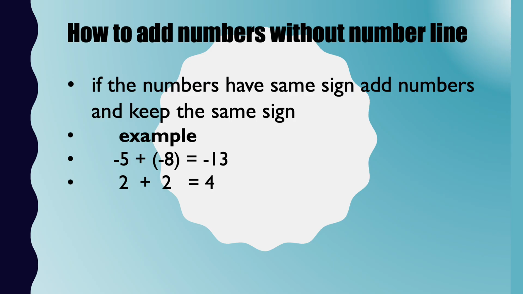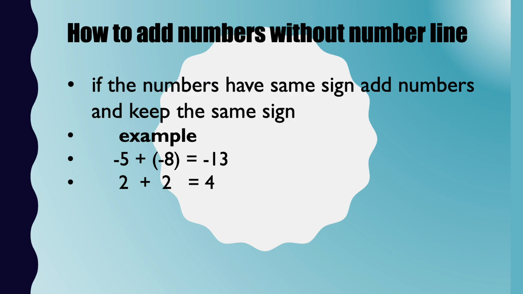Okay, now we are going to learn how to add numbers without the number line. For this one, there is a simple rule. If the numbers have the same sign, add the numbers and keep the same sign.